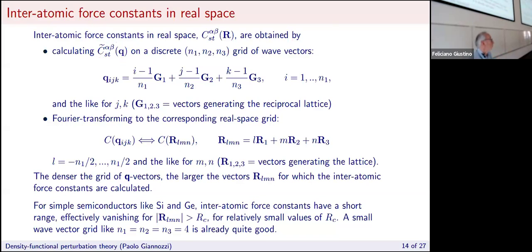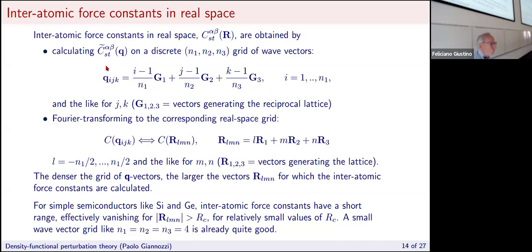Then, by Fourier transforming the force constant in reciprocal space to real space, what one gets is a grid that is discrete and periodic. The periodicity is dictated by the grid in reciprocal space. So the denser this grid, the larger the periodicity.